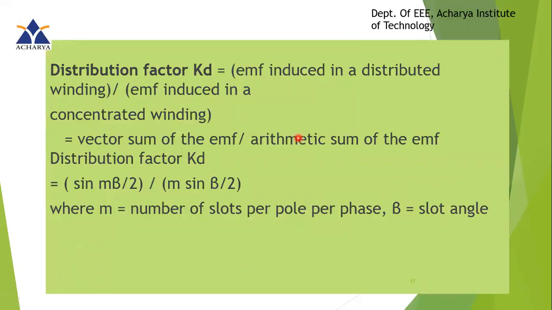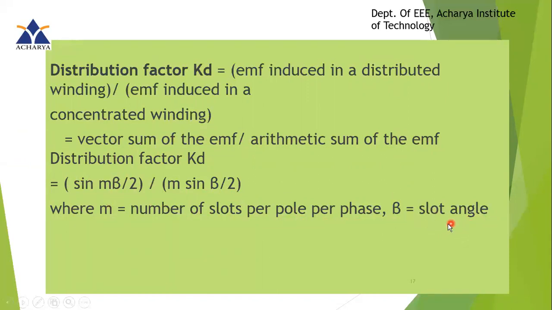So how do we define the distribution factor? It is defined as the EMF induced in the distributed winding to the EMF induced in a concentrated winding, which is equal to the vector sum of the EMFs divided by the arithmetic sum of the EMFs. This is called the distribution factor Kd, which is also equal to sin(m beta/2) divided by m sin(beta/2), where m is the number of slots per pole per phase and beta is the slot angle.